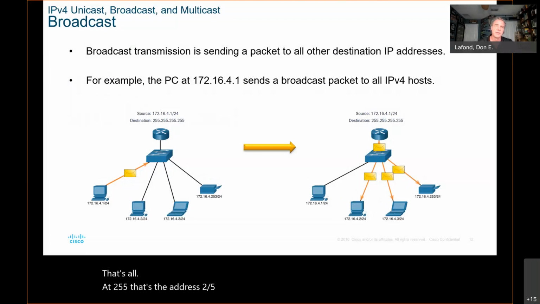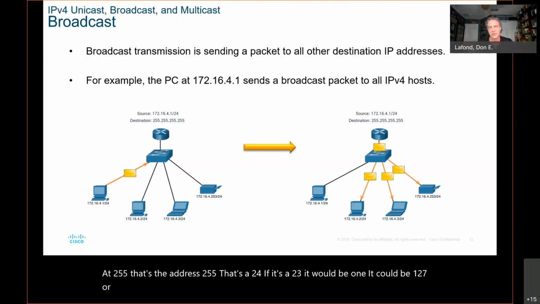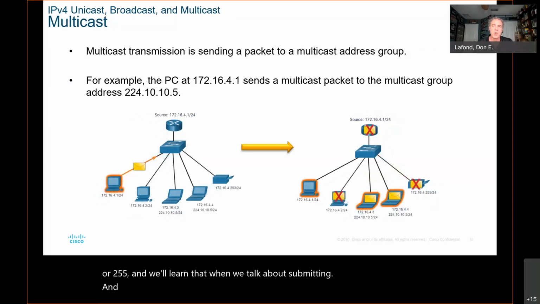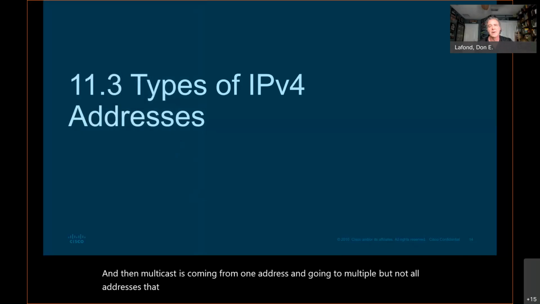If it's a /23, it could be 127 or 255, and you'll learn that when we talk about subnetting. And then multicast is coming from one address and going to multiple, but not all addresses. That's a multicast group. Now, what are the types of IPv4 addresses?